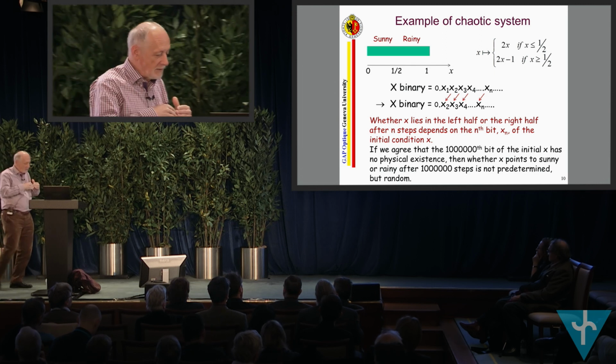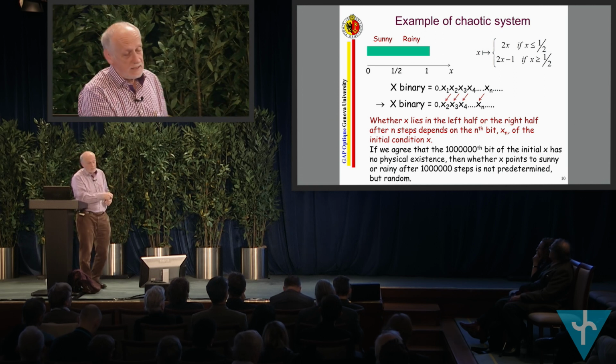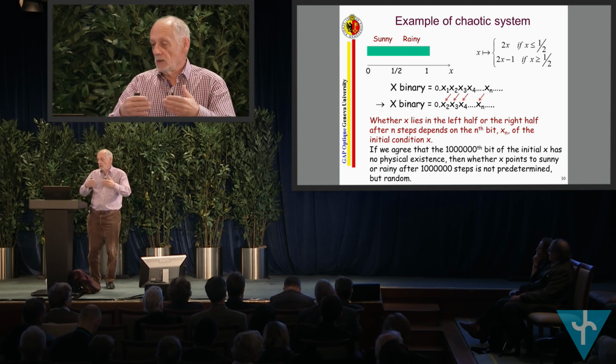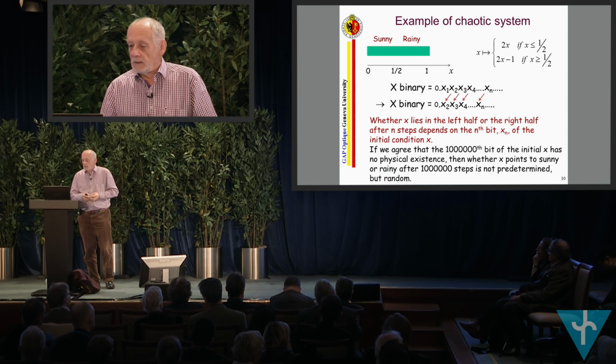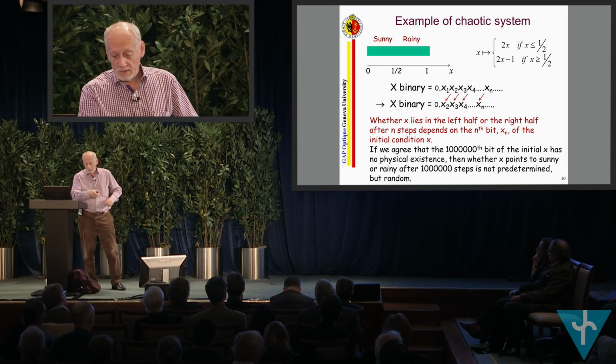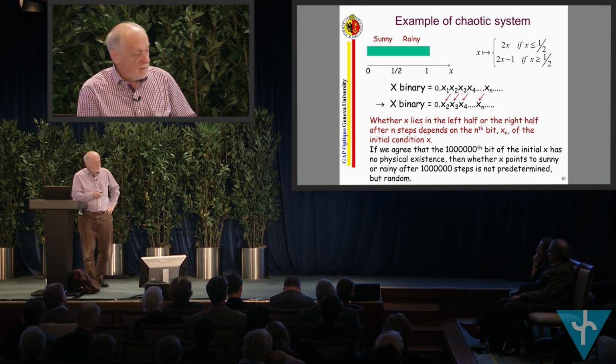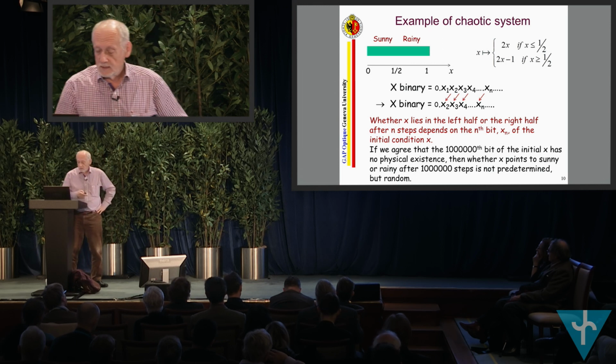So even if this map is deterministic, if the initial condition cannot be described by a real number, because real numbers have no ontological reality, then the evolution is actually random.